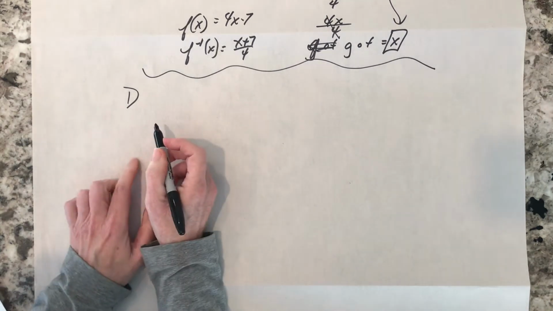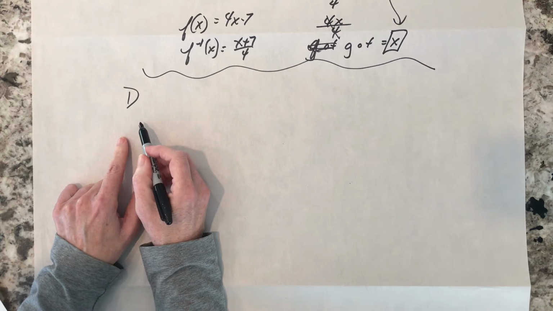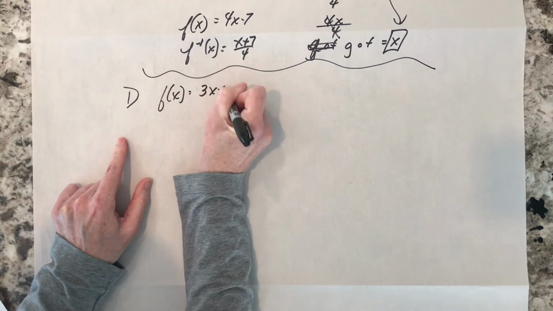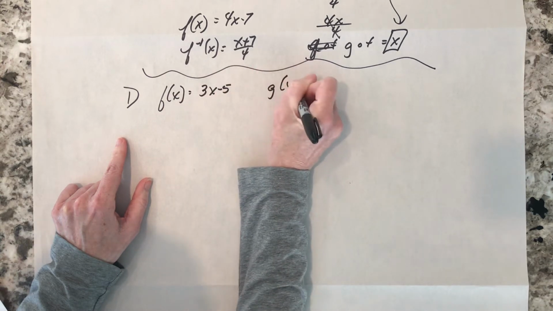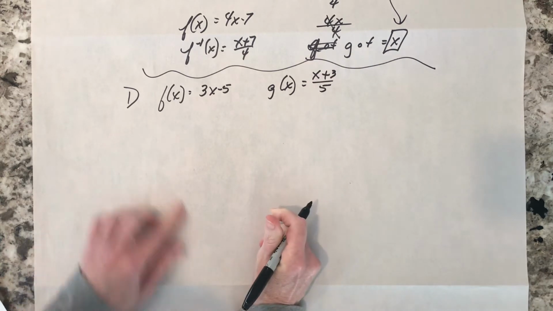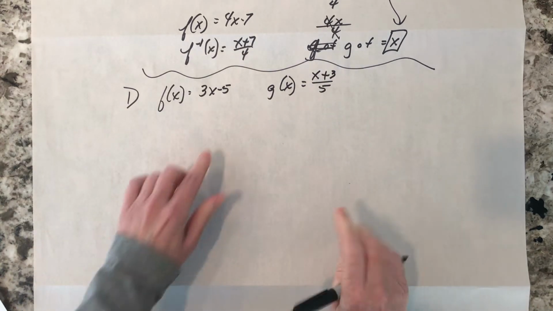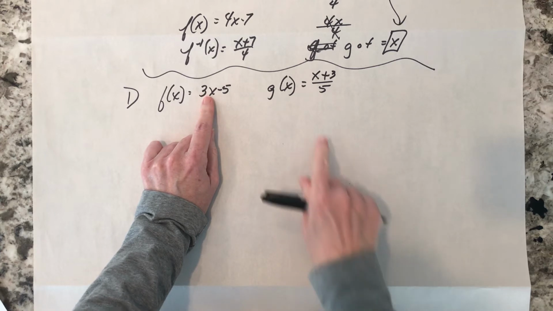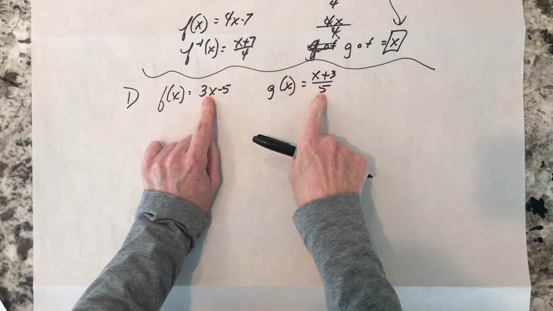Okay, number 1 says determine whether the two functions are inverses. So we've got f of x equals 3x minus 5 and g of x equals (x plus 3) over 5. There are some funky things going on here. Do you see where we're multiplying times 3 here, but dividing by 5 here?